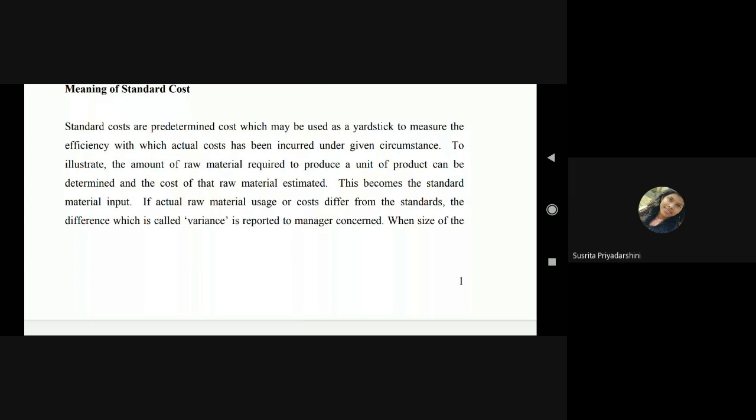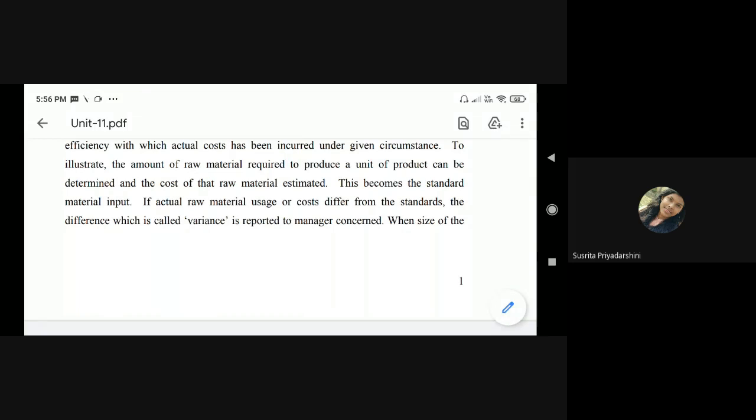To illustrate, the amount of raw material required to produce a unit of product can be determined and the cost of that raw material can be estimated. If you want to find the standard cost of raw material, you first estimate how much quantity of raw material you are going to purchase, and then find out the predetermined price, a standard price that will be fixed.